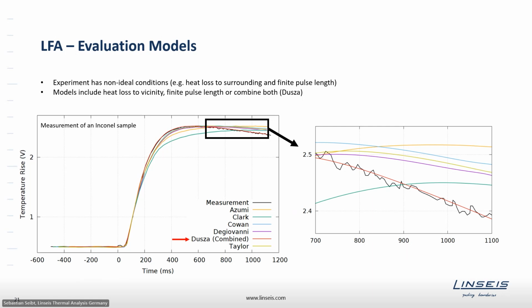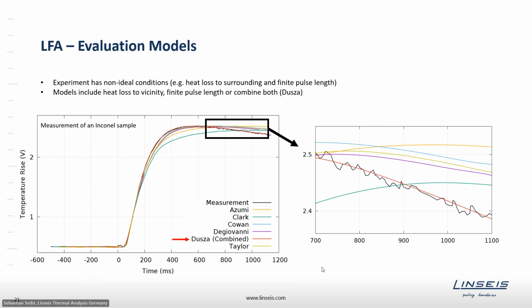The theoretical model, the adiabatic one, differs in reality mainly due to two effects. The first is heat losses from the sample to the surrounding or to the sample holder and so on, so that not all the brought-in heat into the sample will be emitted directly on the rear surface, but might also go to the sides of the sample.